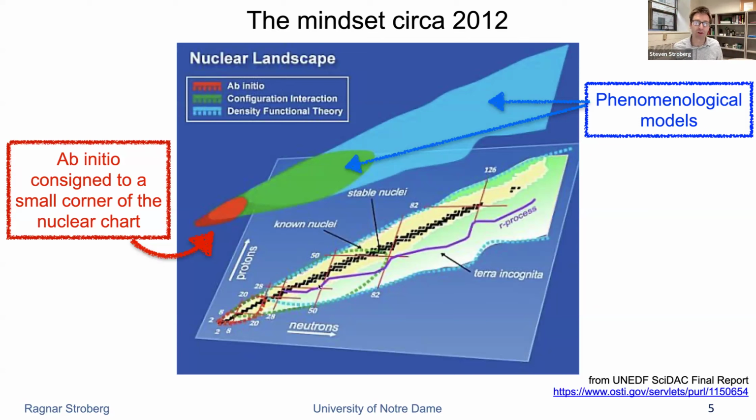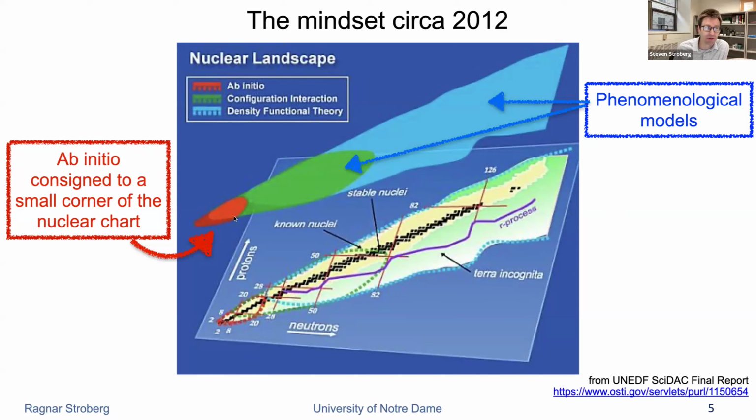So that lets you go farther, but the fact that you're treating everything as a frozen core, and only treating a few particles, means you have to, again, adjust your parameters in your theory to account for the fact that you're leaving stuff out, and you don't know exactly how that affects the things that you're calculating. So it's, again, phenomenological, and you can make precise calculations, but you don't necessarily know what your error bar is.